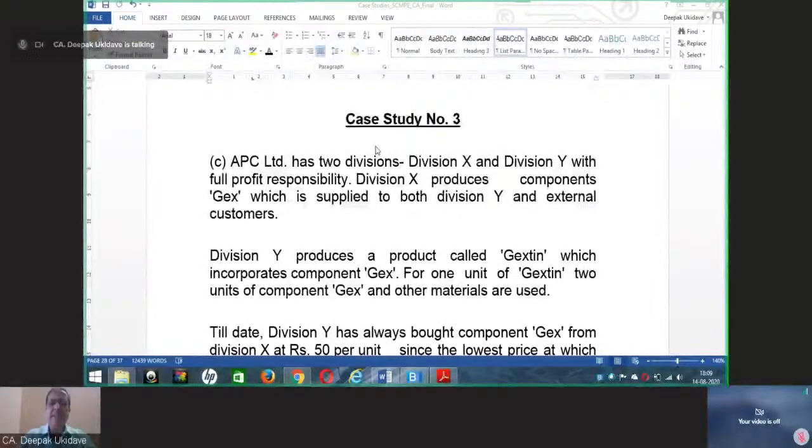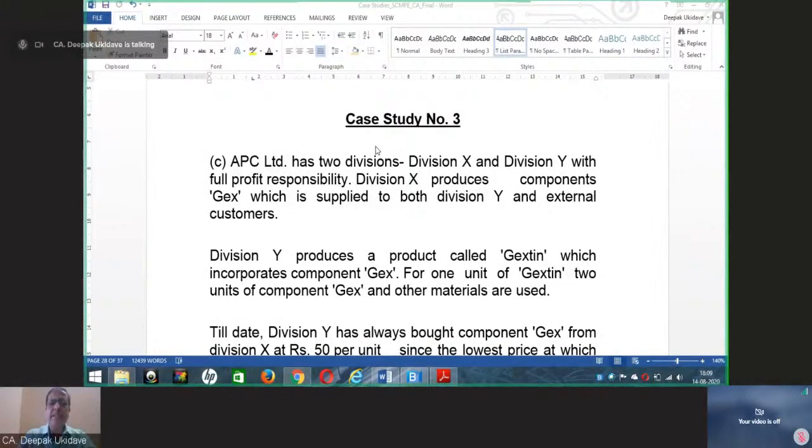Let us analyze. CA final students are expected to analyze the given data, particularly the impact. The impact itself has to be analyzed, and the breakup of that impact will have to be given. So I am reading out the analysis of the company. This is a continuation of the second part itself.